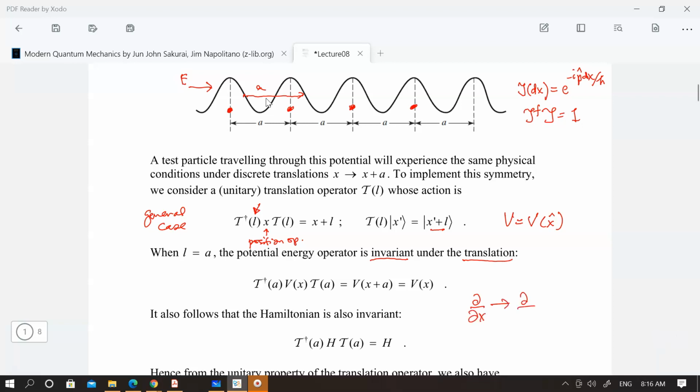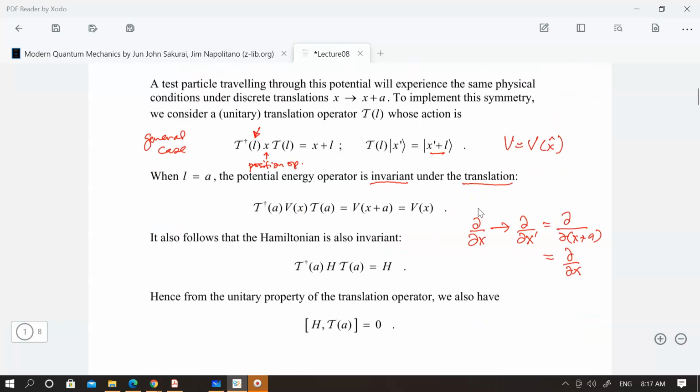You translate to x', where x' is simply x plus a, and d/dx' will just be equal to d/dx. So the kinetic energy operator is also invariant under this translation, and your potential energy is invariant. So your Hamiltonian operator is also invariant.